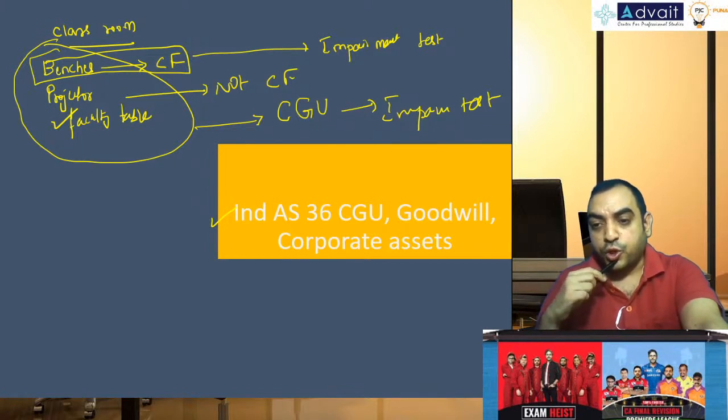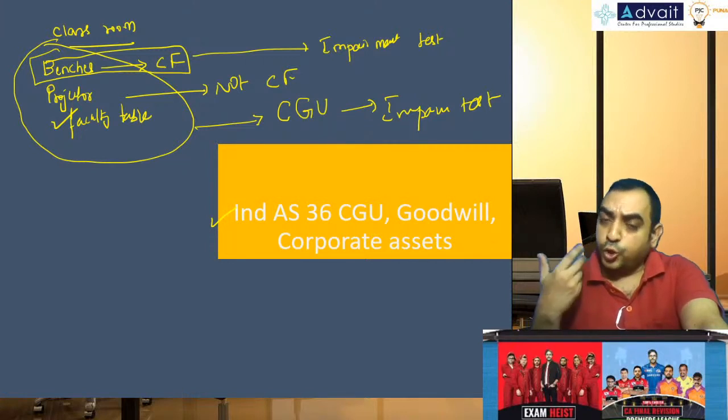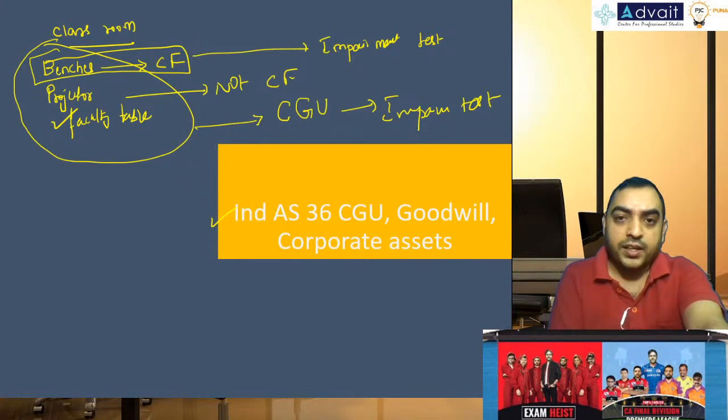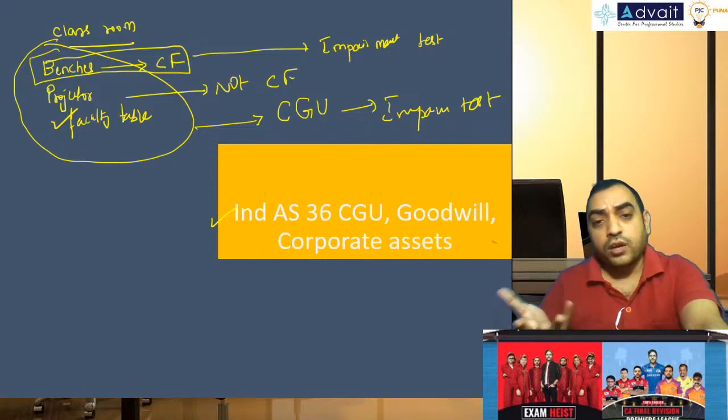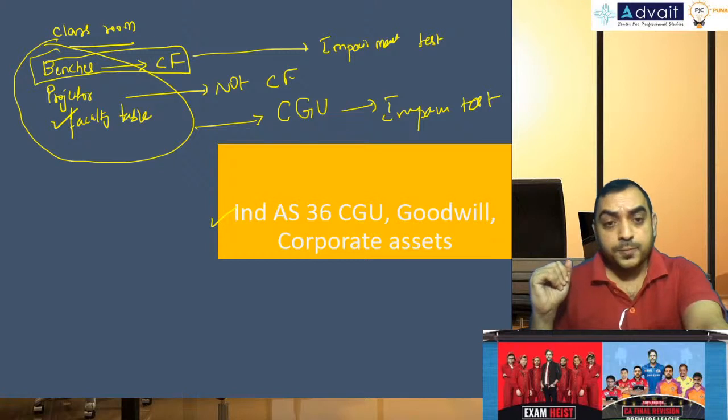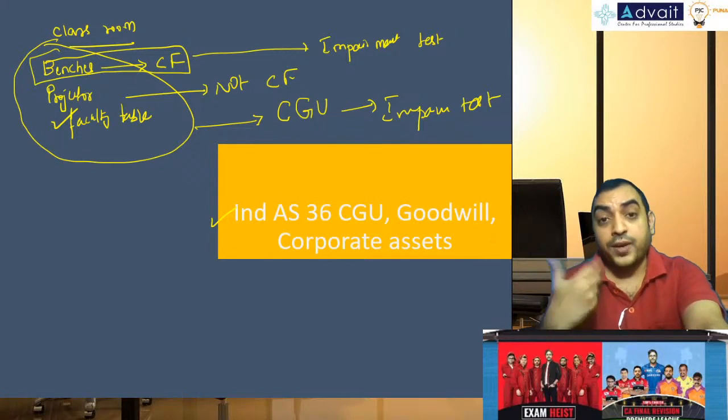Some question for goodwill: how do we get future cash flows? I mean, how is impairment testing done for goodwill? Goodwill is also the same thing from the business. If you want to sell in the market, what is your book value, how much can you sell it for. There was a chapter on goodwill calculation also, which you would have learnt in your CPT foundation: super profits method, annuity method, capitalization method, average profits method.